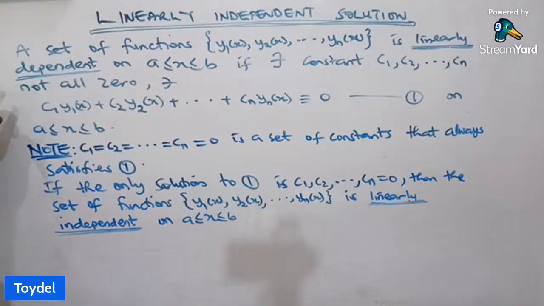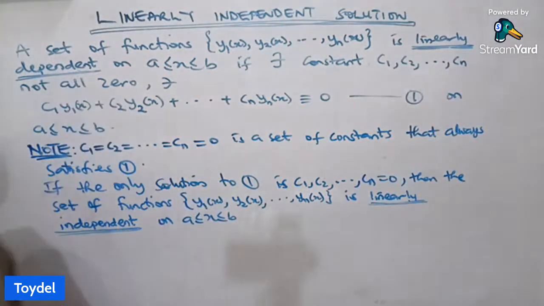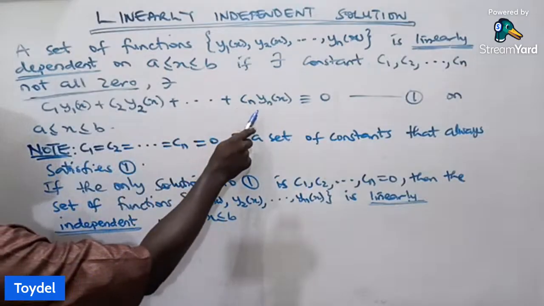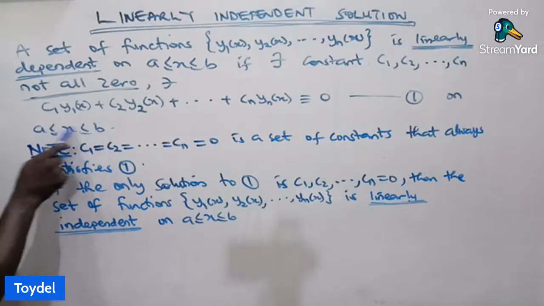We say a set of functions y1 of x, y2 of x, up to yn of x is linearly dependent on the closed interval a to b if there exist constants c1 up to cn, not all zeros, such that c1 y1 of x plus c2 y2 of x plus up to cn yn of x is equivalent to 0 on the interval.